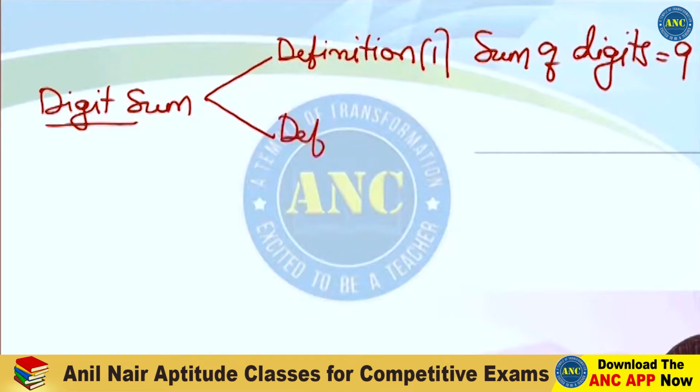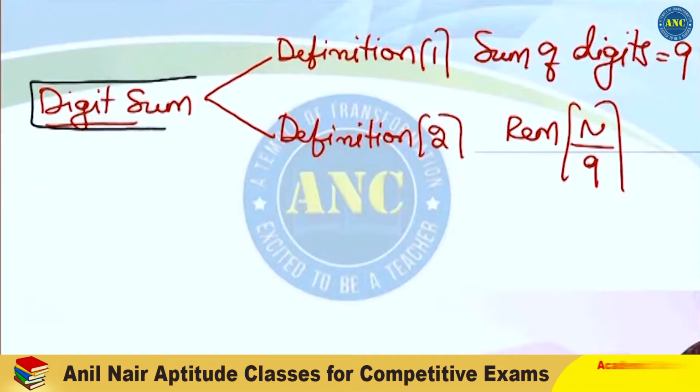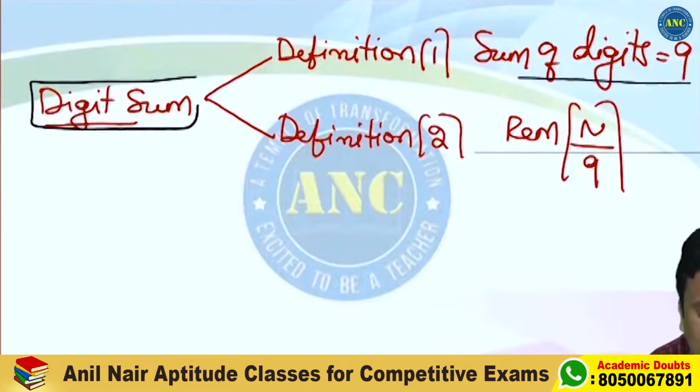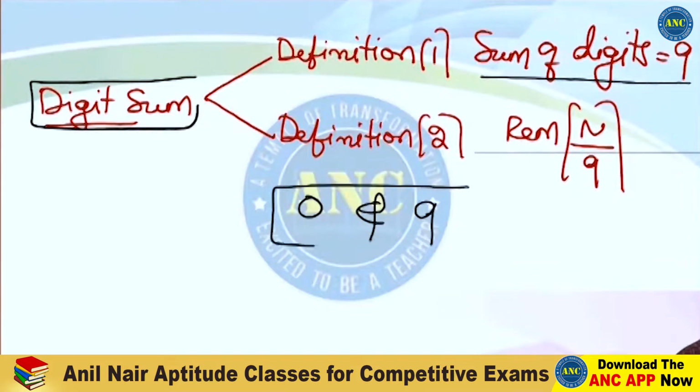Definition 2 is nothing but the remainder when you divide a number by 9. Practically, think logically. If you are adding the digits, will you get 0? No. So the sum of the digits will be 9 only. But if the question is what is the remainder, 0 and 9 are both the same from a digital sum perspective.